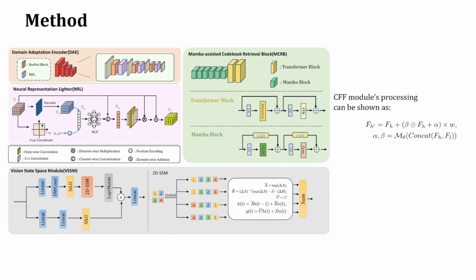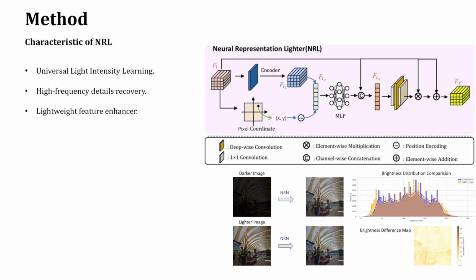The details of DAE, MCRB, and CFF are shown here. DAE is based on several INRL and ResNet blocks, where the ResNet block is aimed at feature extraction, and INRL learns the global illumination to enable gradual feature distribution adjustment. INRL uses an implicit neural representation method called INR to recover high-frequency details and information.